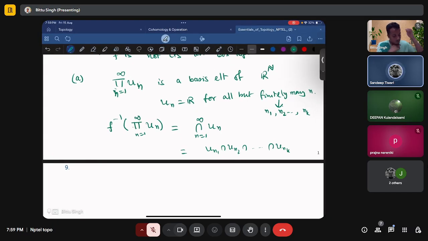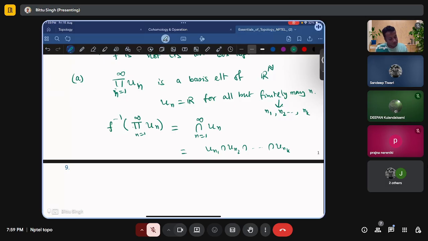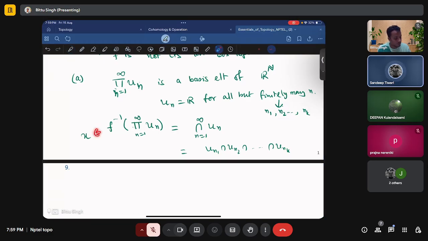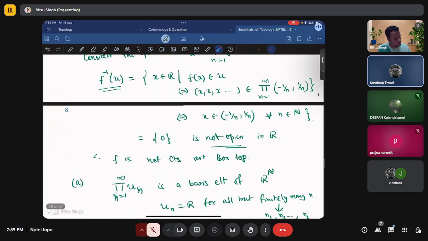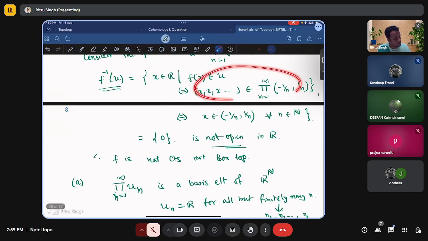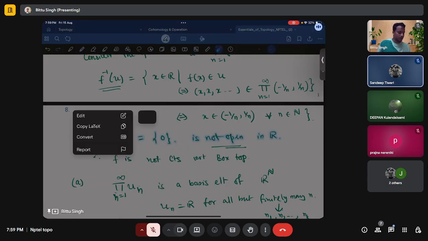It is because, by the definition, x belongs to the product, so x will belong to all ui, so x belongs to the intersection. The same reason: x belongs to all those un for all n belonging to N, which is the same as saying x belongs to this intersection. Exactly. Great.